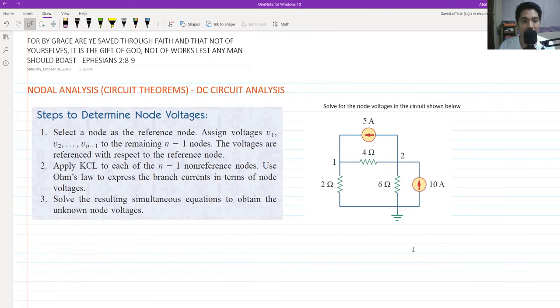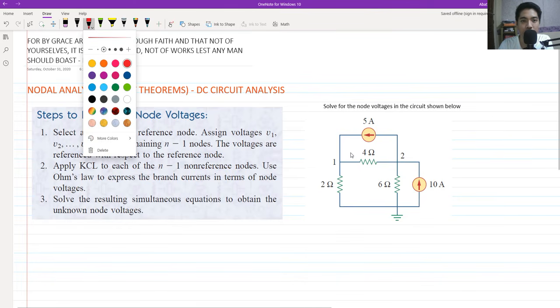So here are the steps to determine node voltages. For number one, how do we do nodal analysis? Select a node as the reference node. For example, in this problem, we have node 1 here and node 2 here.